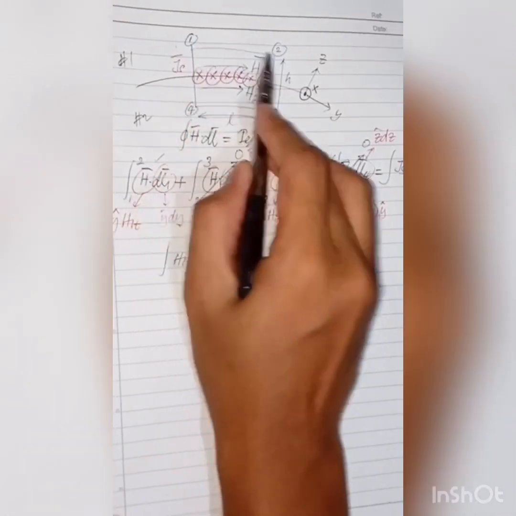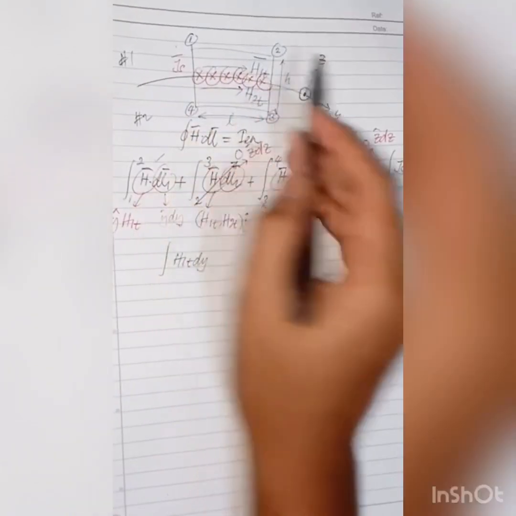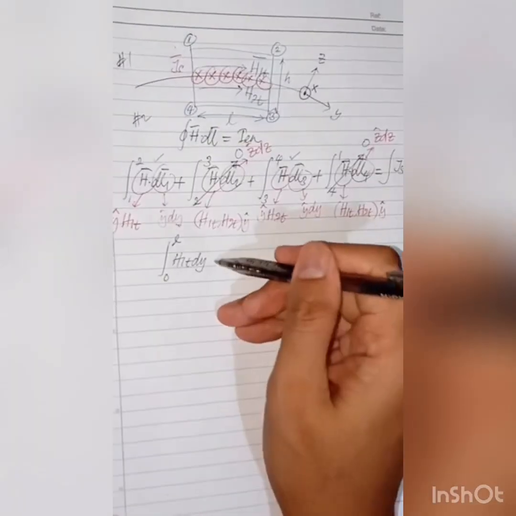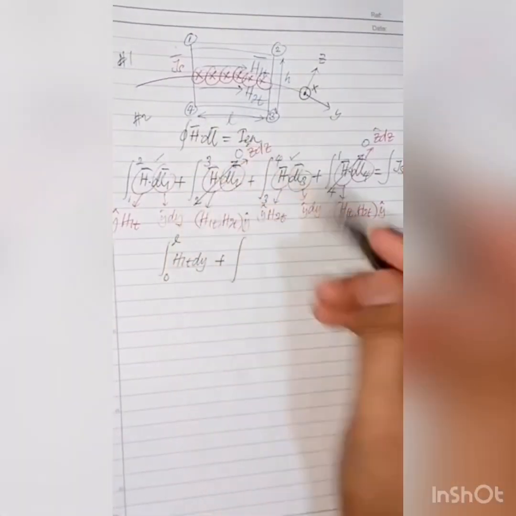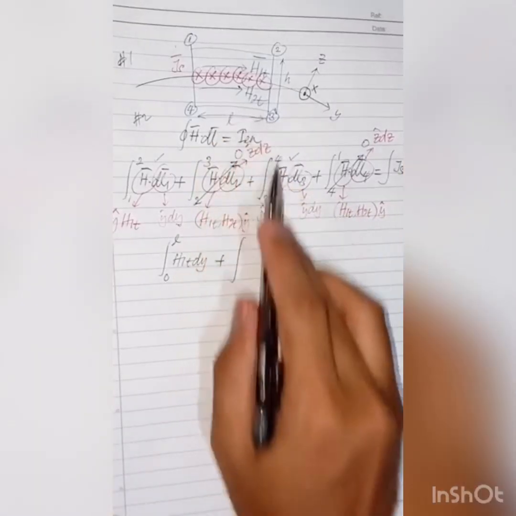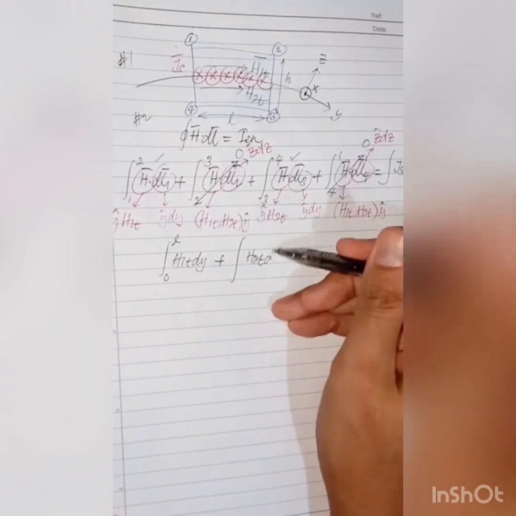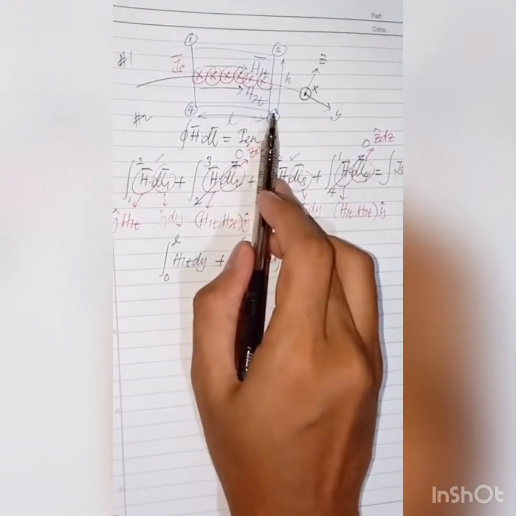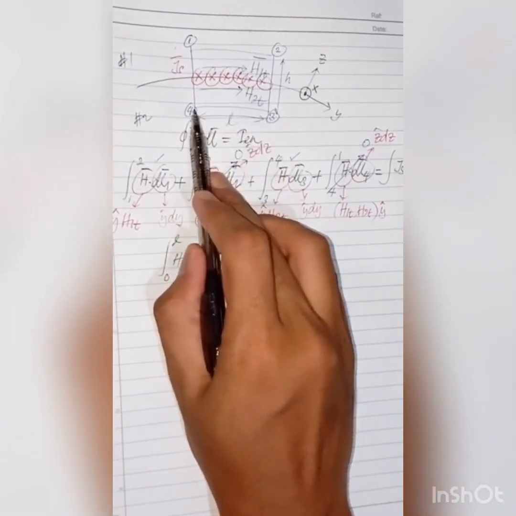So now L changes from 0 to L. So now we have 0 to L, and then plus for the third path down here from 3 to 4, we have H2t as obtained earlier. So now we have H2t dy, and the limit changes from this point to that point, whereby here we have L until 0.